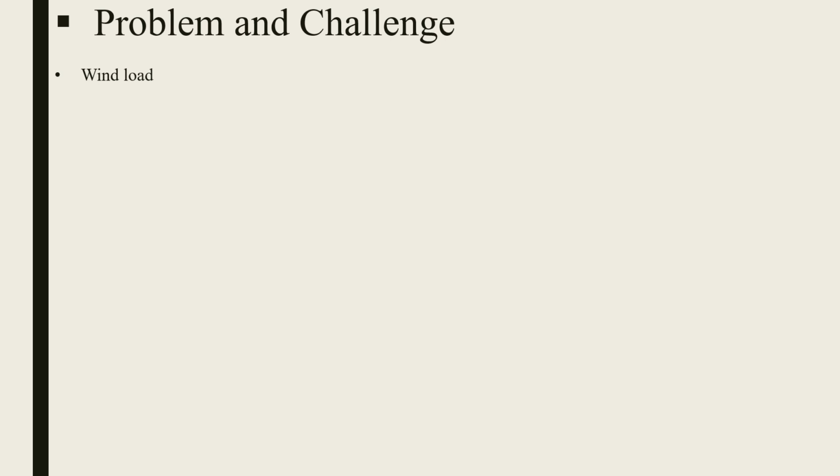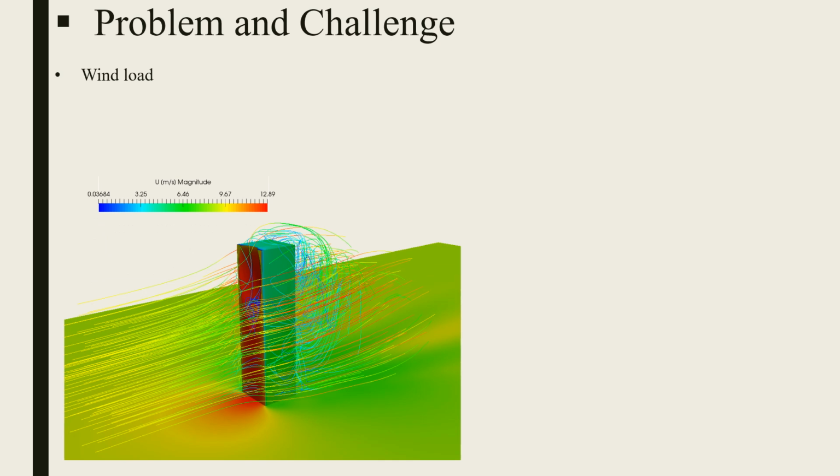This load is not a good sign for the building because it can cause the building to flex so much that the structure fails. This is how the wind works.